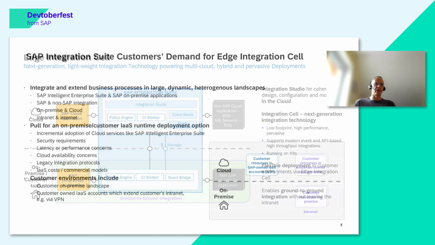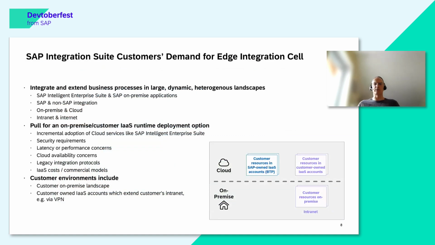Now, when we look at the reasons why customers really also pull for hybrid integration or for on-premise deployments, it's actually pretty simple. Customers still have a considerable footprint with on-premise applications.